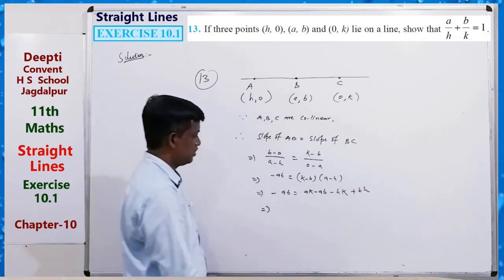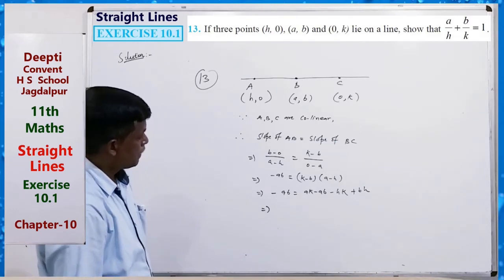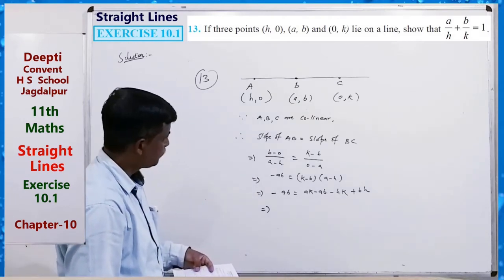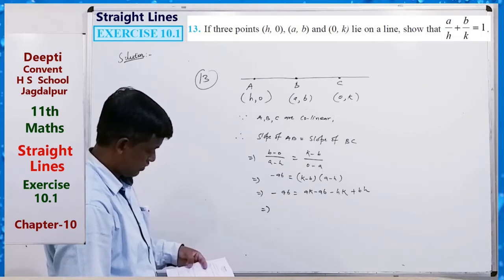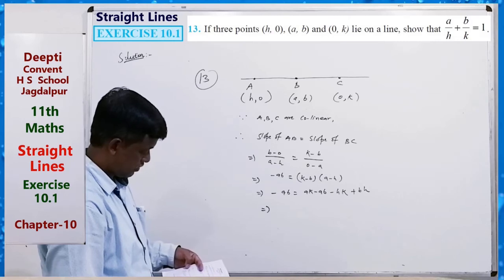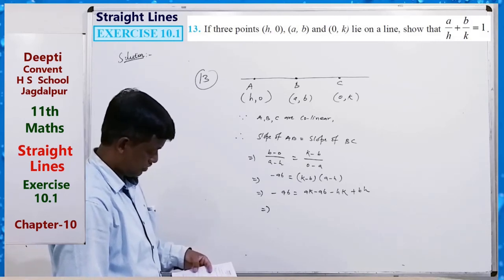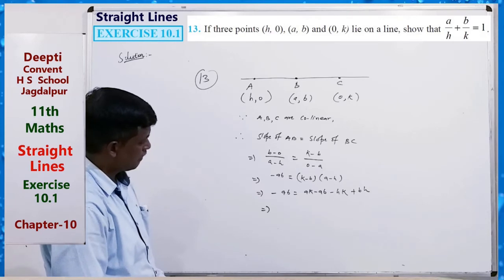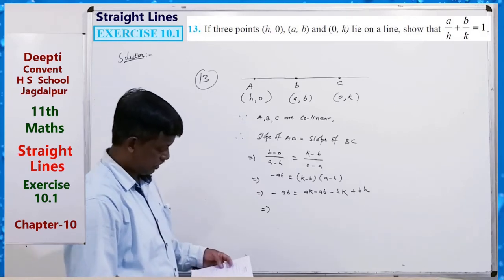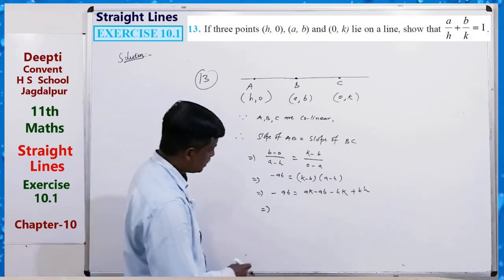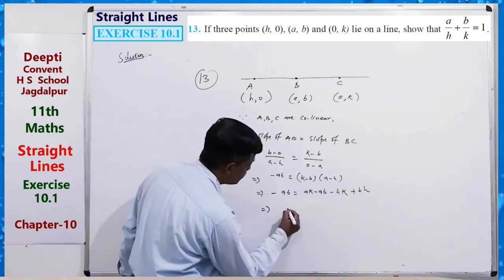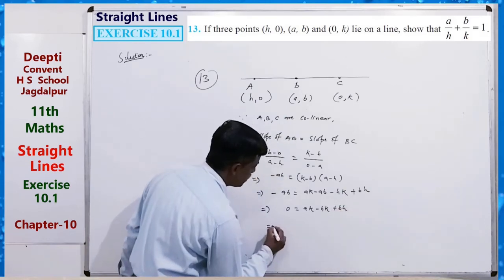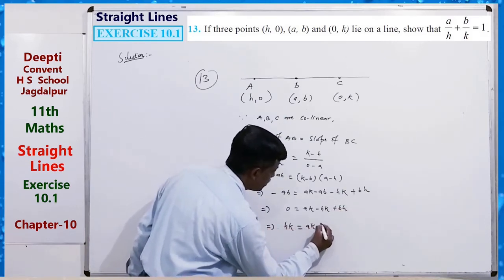Here ab cancels, so 0 equals ak minus hk plus bh. So we can write hk equals ak plus bh.